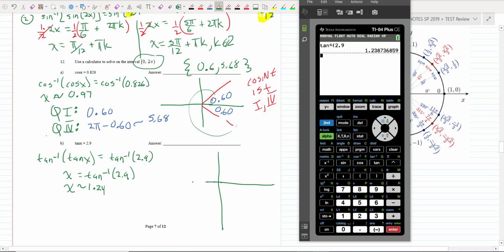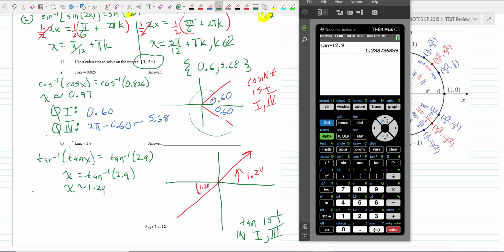Okay, so the tangent is positive in quadrants 1 and 3. All we got was the quadrant 1 answer, so I'm going to write this as a reference angle of 1.24. The quadrant 1 answer is what the calculator gave.